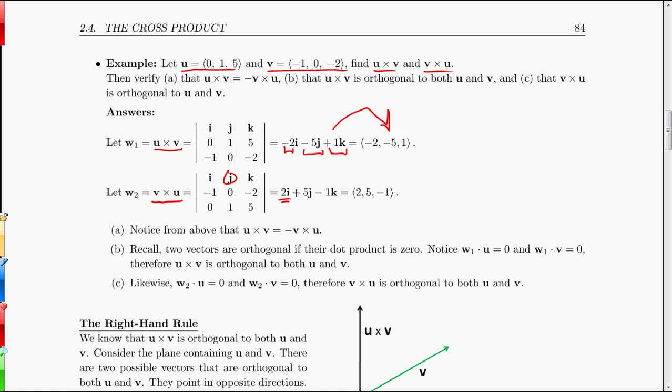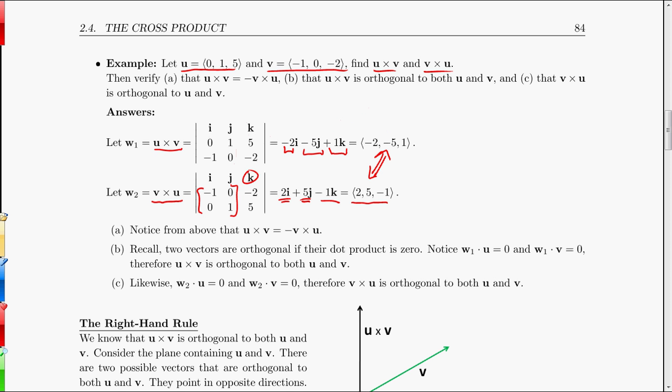Then I'm going to get negative J times the determinant of this matrix, so that's negative 5 minus 0, so that's negative 5, so I get positive 5J. And then I go to K, and I multiply that times the determinant of this matrix, which is just negative 1, so I get negative 1K. And when I write that in component form, it's 2, 5, negative 1. When you compare these, U cross V is the opposite of V cross U.